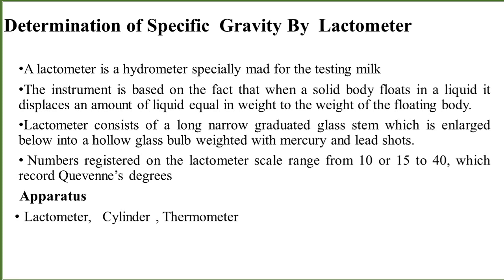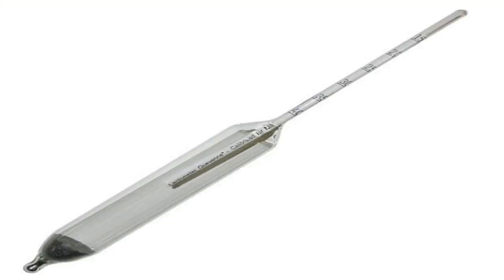Lactometer consists of a long, narrow, graduated glass stem which is enlarged below into a hollow glass bulb weighted with mercury and lead shots. Numbers registered on the lactometer scale range from 10 or 15 to 40, which record Quevenne degrees. Apparatus: lactometer, cylinder, thermometer.